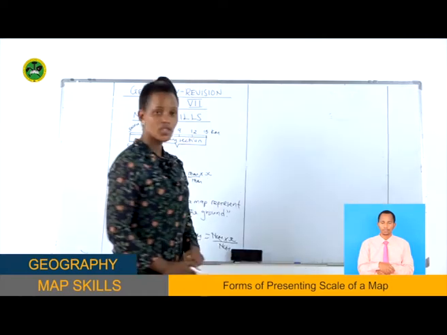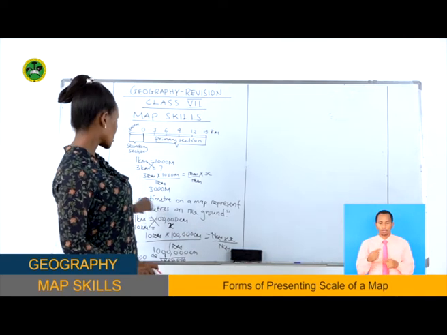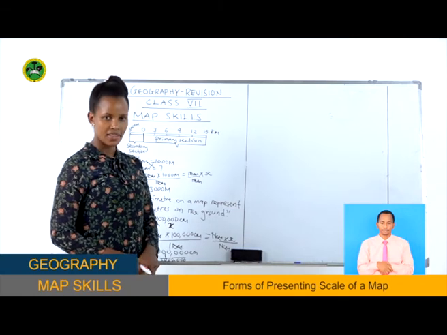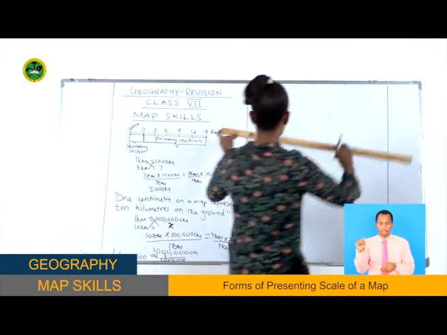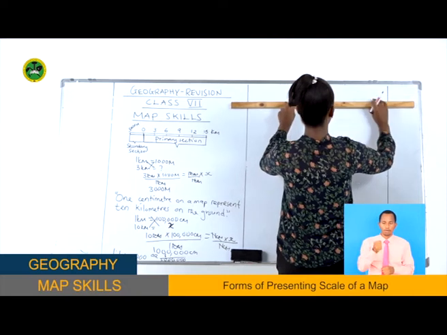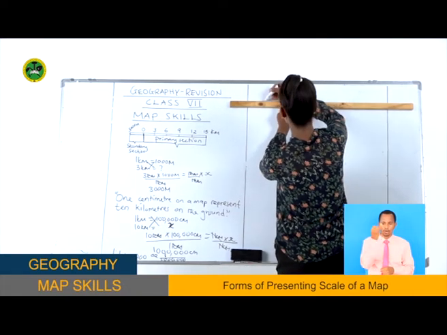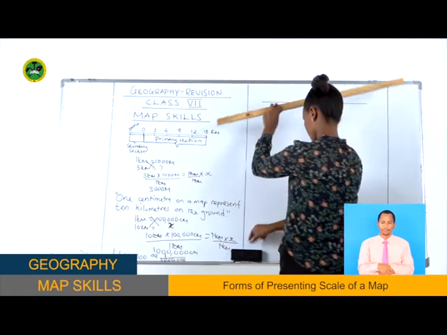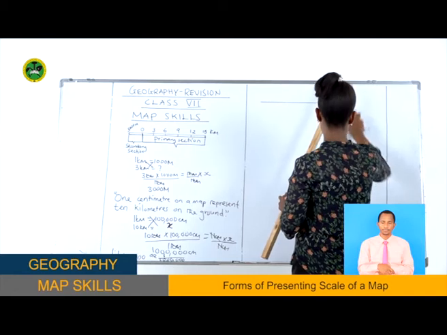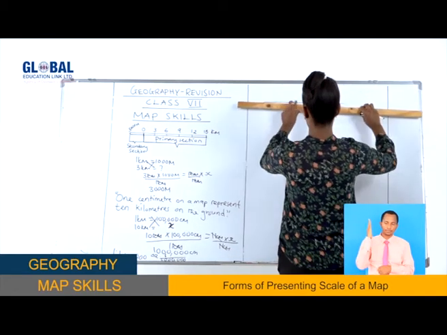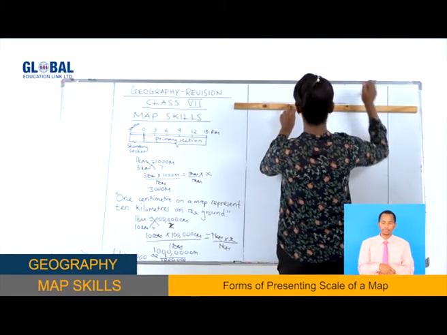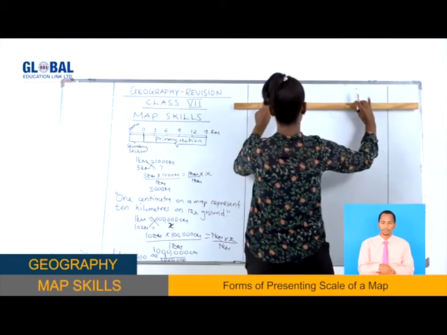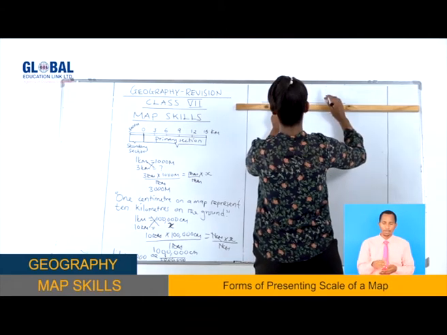Okay, let us also change the statement scale, 1 centimeter represents 10 kilometers, in a linear form. The first step, you draw a line segment. Then divide into portions of 1 centimeter each.